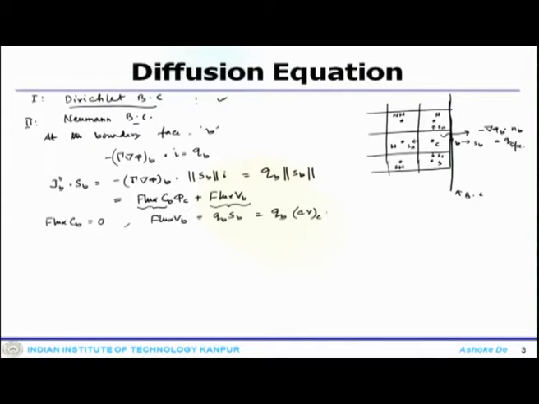Now, one thing you can note here: the sign of the flux is assumed to be positive. That is why it has been considered pointing outward.